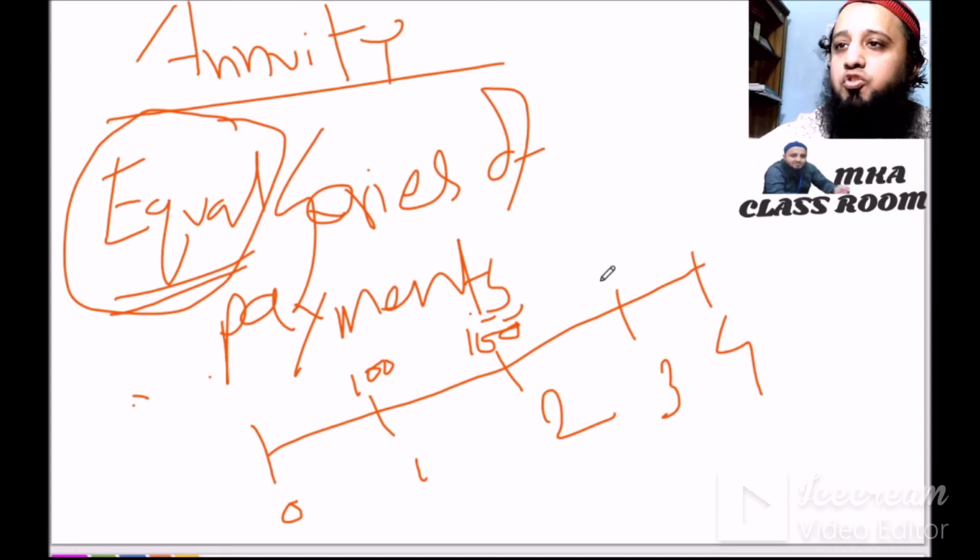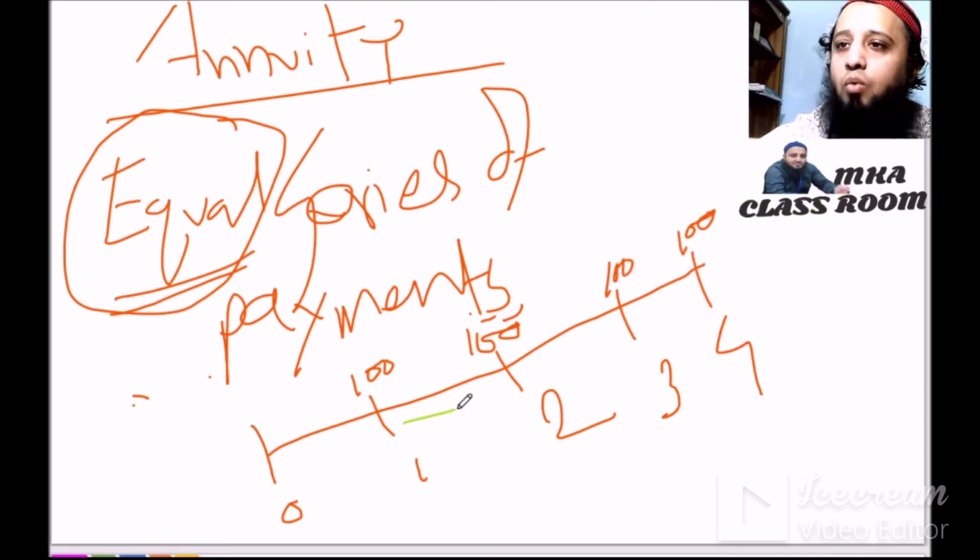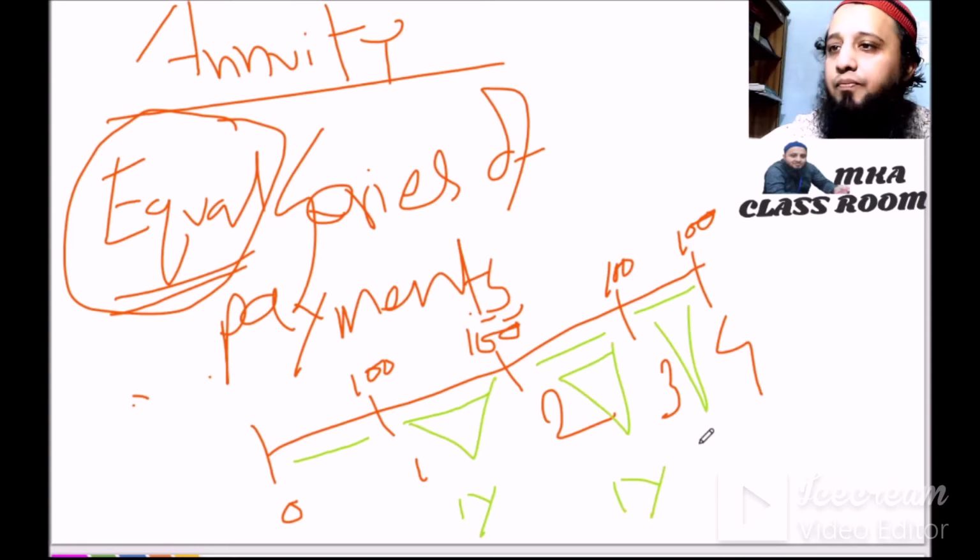So the time interval between one payment to another payment is 1 year.